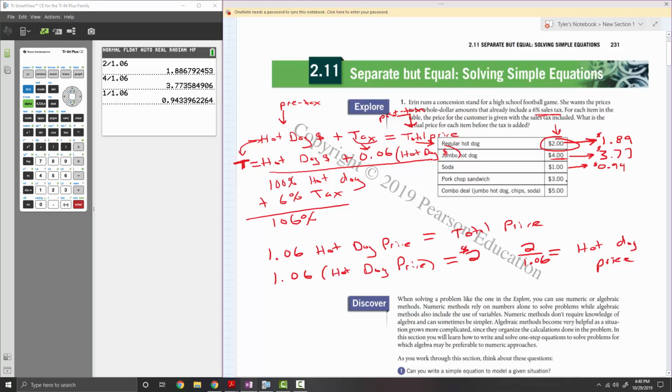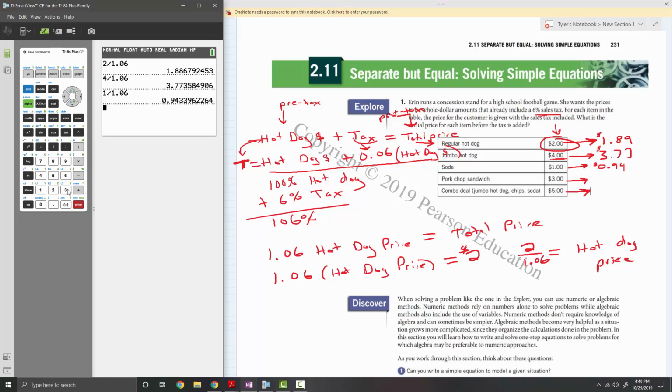Right? And notice each time that my price is smaller than what's on the table, and that's what we hope happens, because I take this amount and then add in the tax to get the higher amount that's in the table. So the pork chop sandwich, we would take 3 divided by 1.06, and we get $2.83.